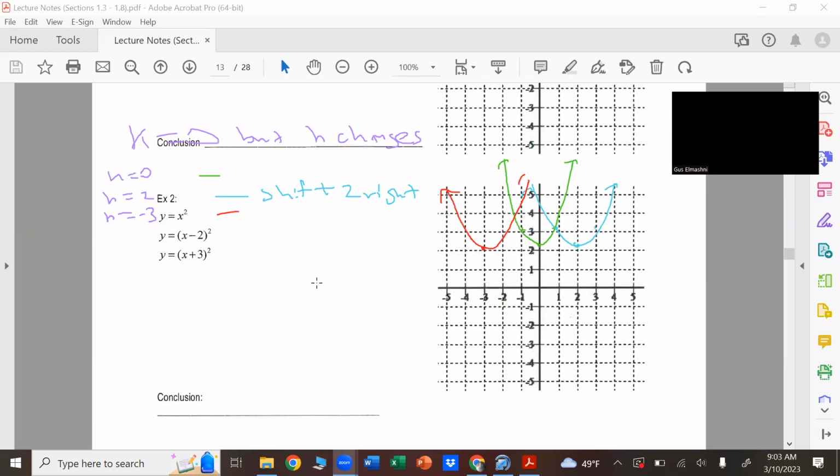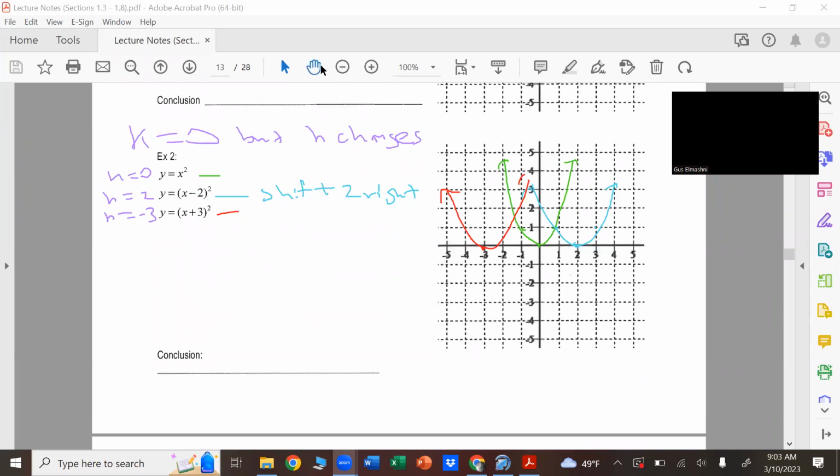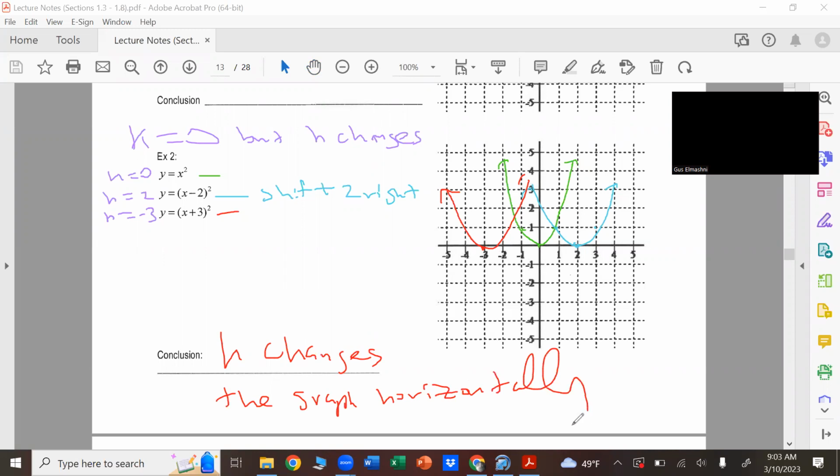So the conclusion here is that H changes the graph horizontally. And this is true for any function.